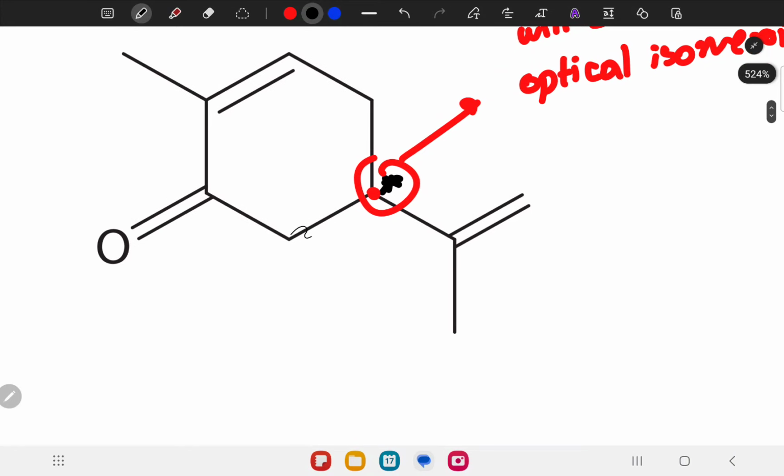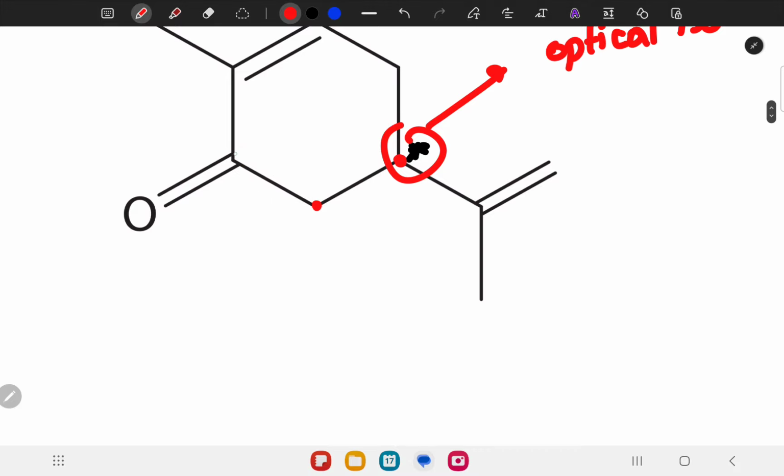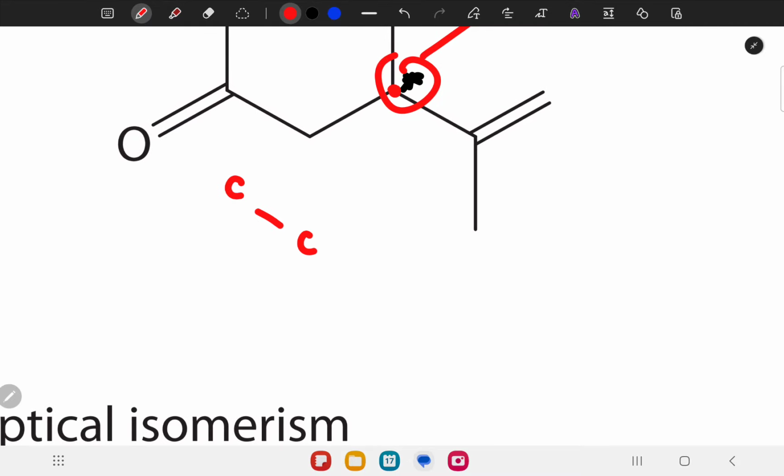In this case, we have restricted rotation over here, since this is a cyclic compound. In cyclic compounds, we don't necessarily need double bonds to have restricted rotation. It being cyclic itself restricts the rotation. On this carbon over here, we have a double bonded oxygen, so there is only one thing on it.